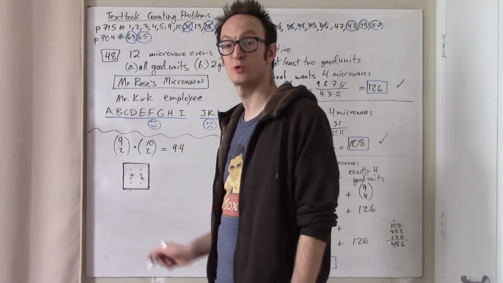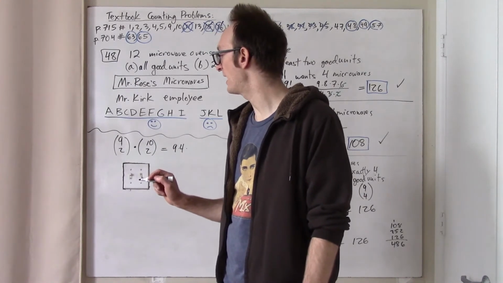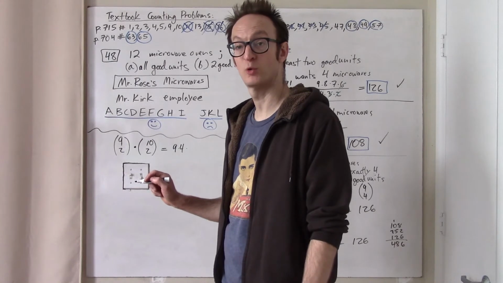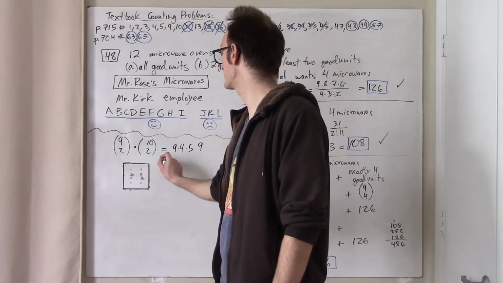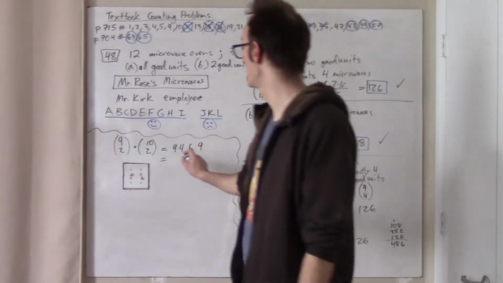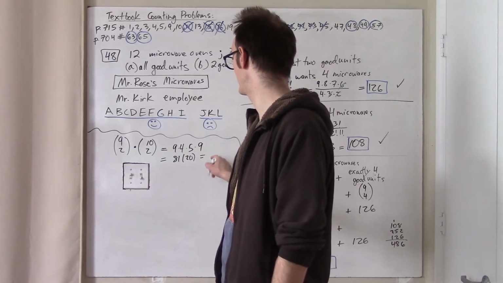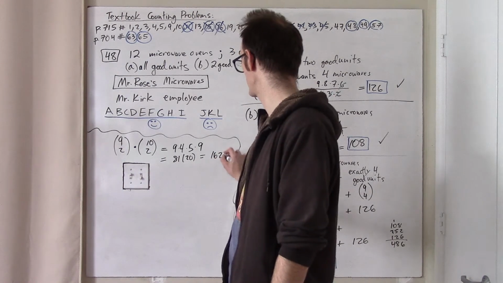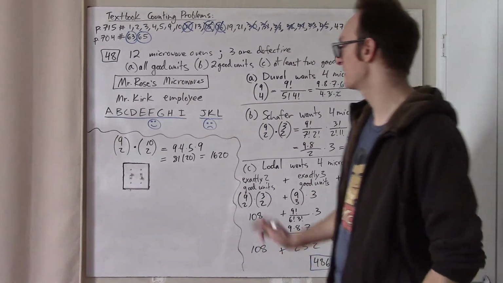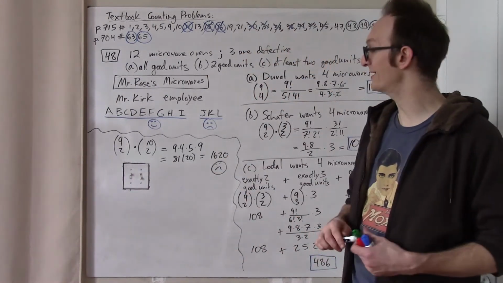And 10 choose 2 is 10 times 9 over 2. So that's 5 times 9. And so what we get here is 81 times 20. So that's like a big number, right? 1620. Did I do that right? Yeah, 81 times 20. Okay, so the answer I get here, 1620, this is just wrong.